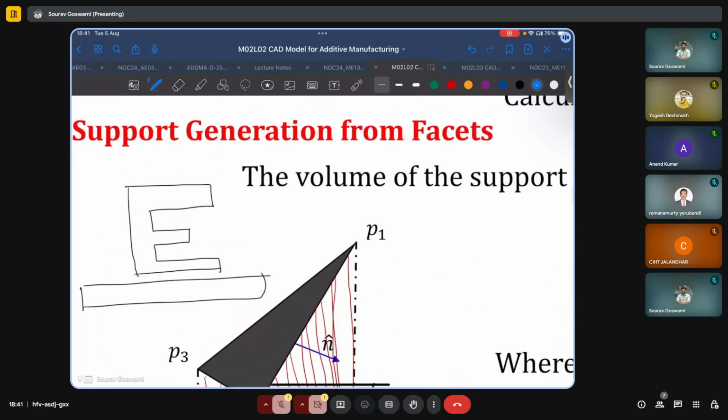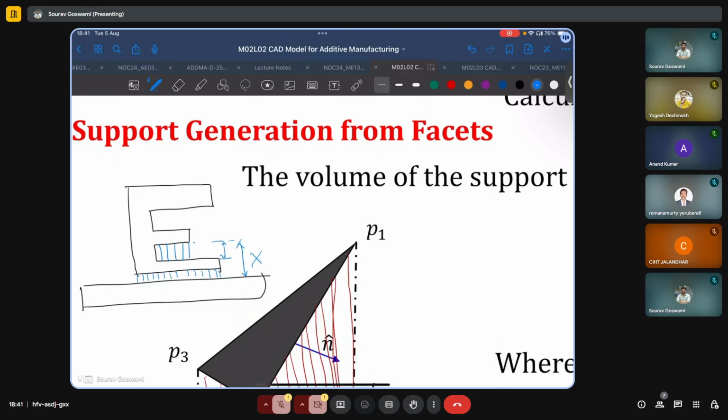Let us try to identify all the regions where supports will be needed. This bottom one by default, then this face here. But notice now that we are not extending the supports all the way to the build plate. They are limited to this height, which is the next facet.